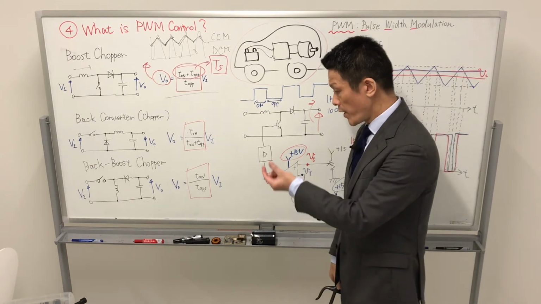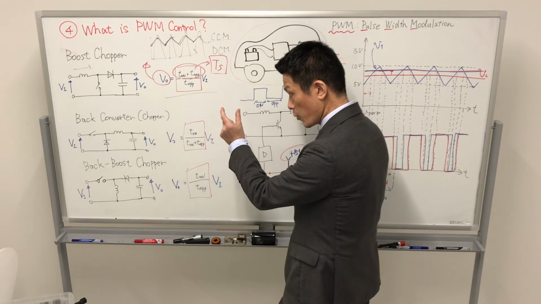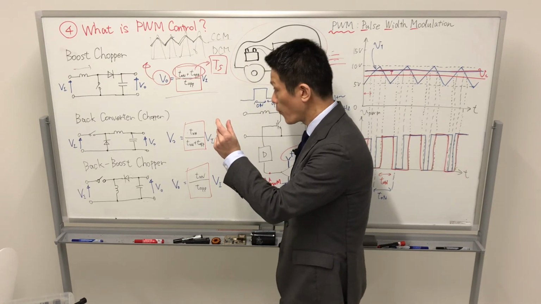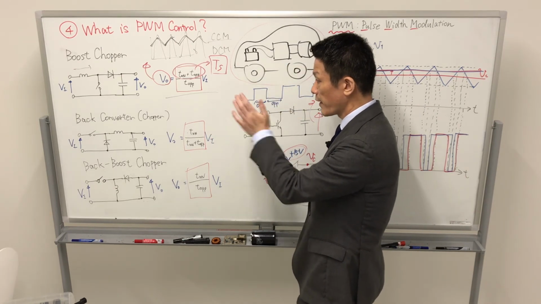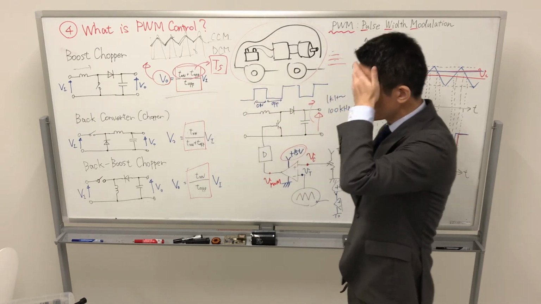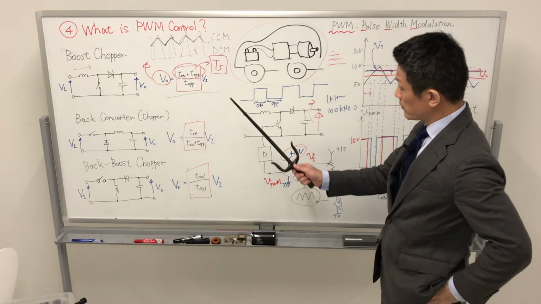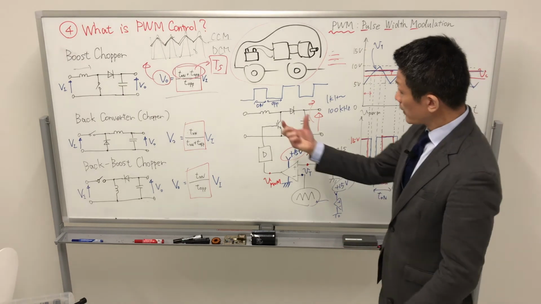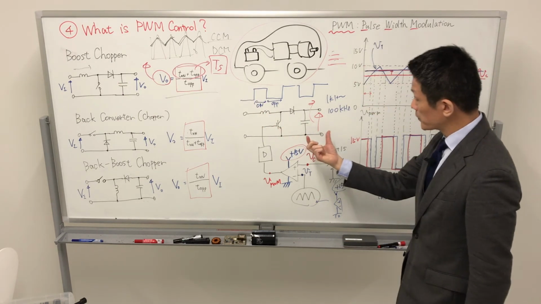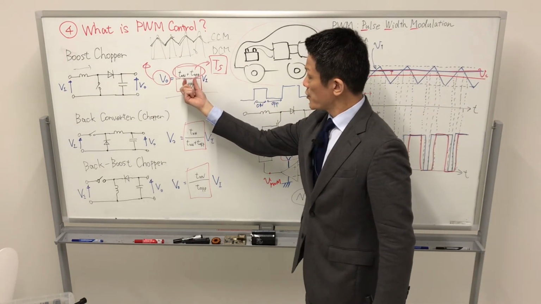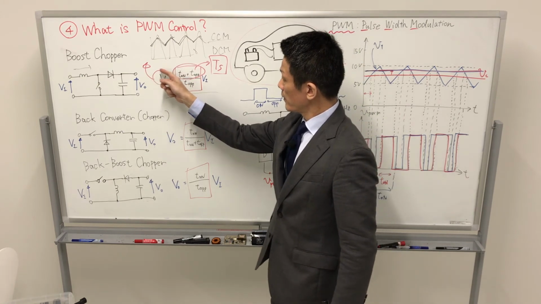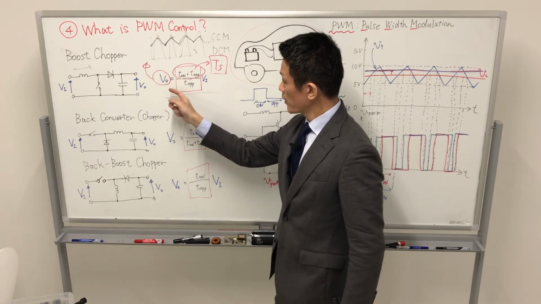That means if we change only the turn on and turn off timing, we can obtain the target voltage.